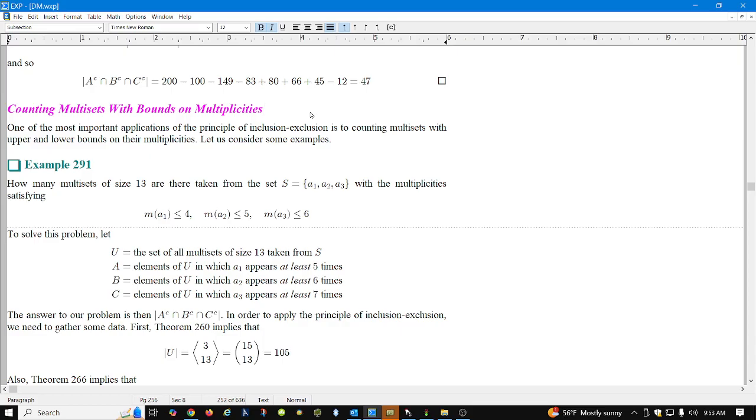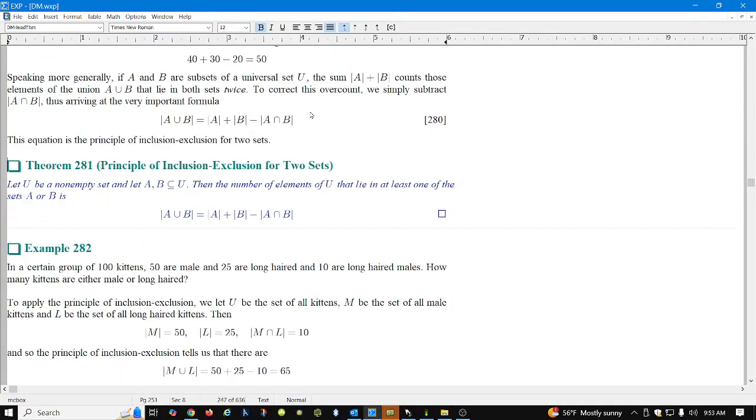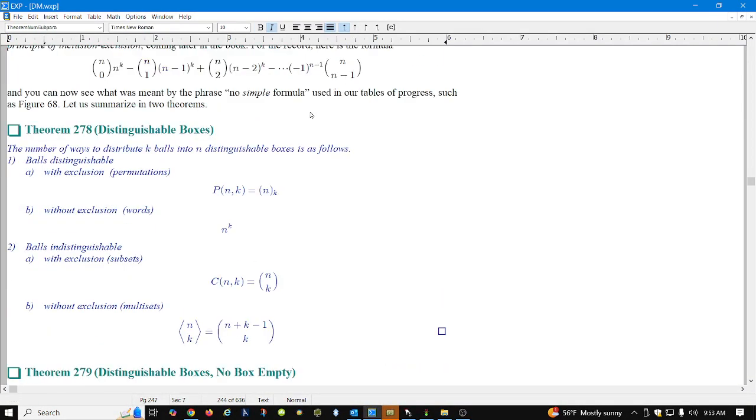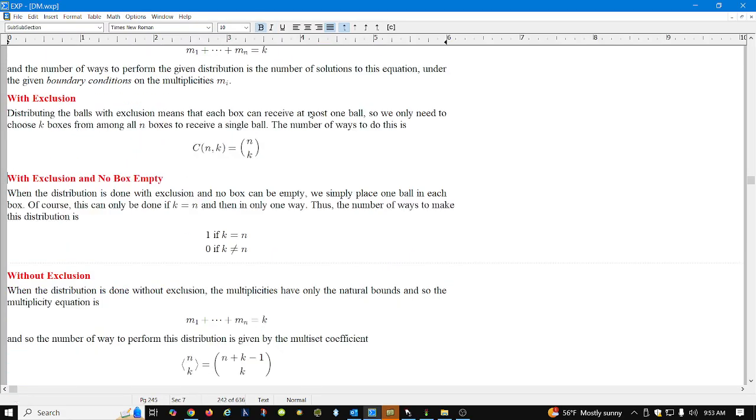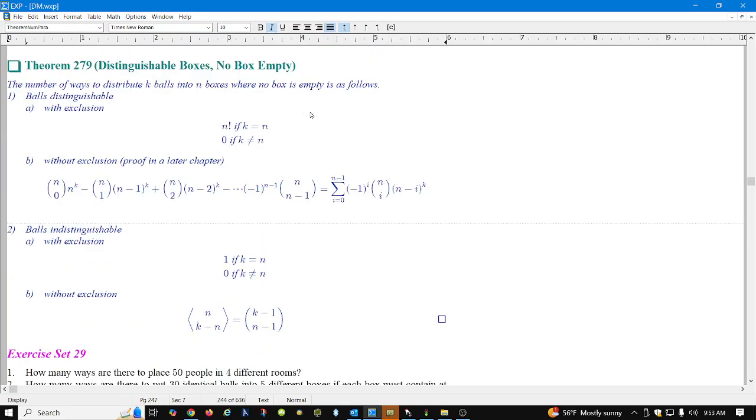I'm going to mark this here and go back to the distinguishable boxes, no box empty formula. Look at this formula. You have this term minus this term plus this term and so on. That should remind you of the principle of inclusion-exclusion, and that's exactly where this comes from.